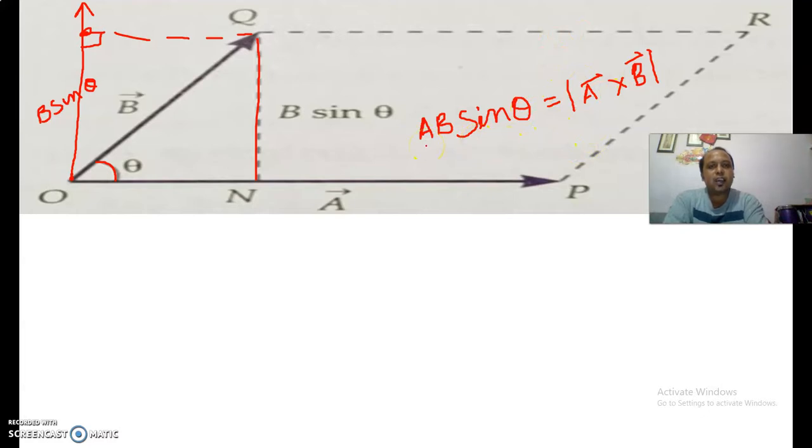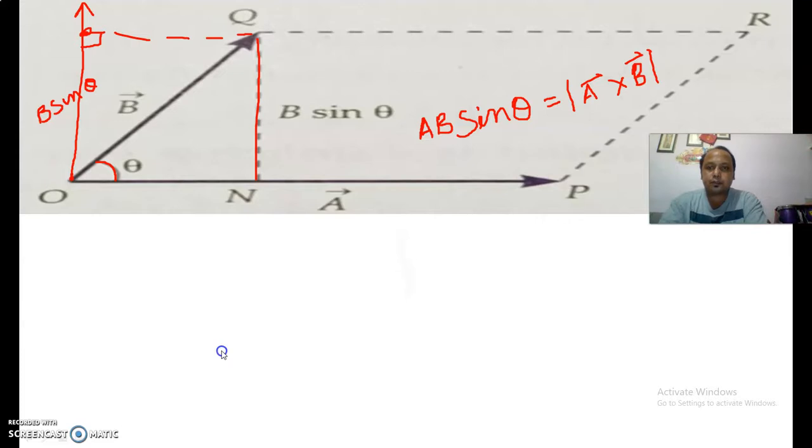So this AB sine theta, or the modulus of vector A cross vector B, gives the value of the area of the parallelogram formed by the two vectors, vector A and vector B. I hope this is very clear to you.